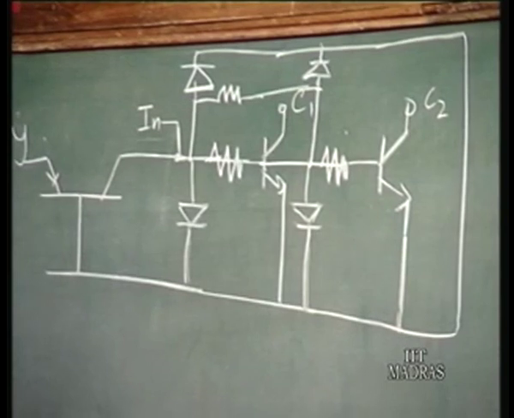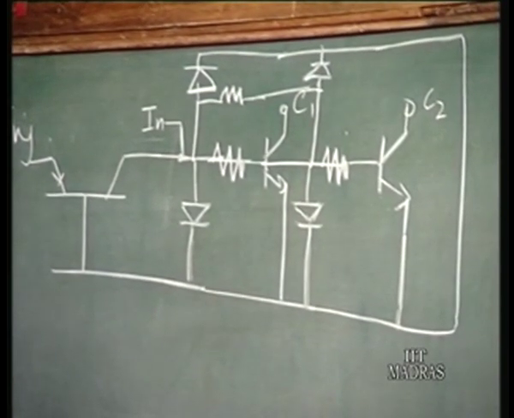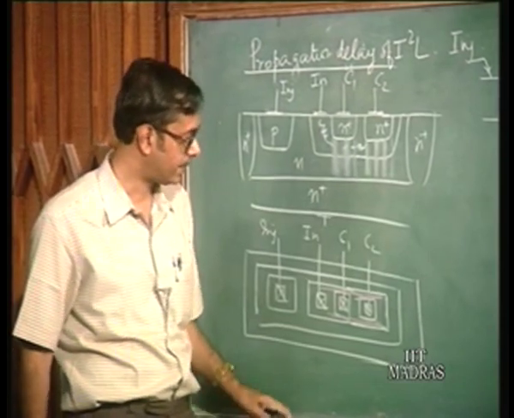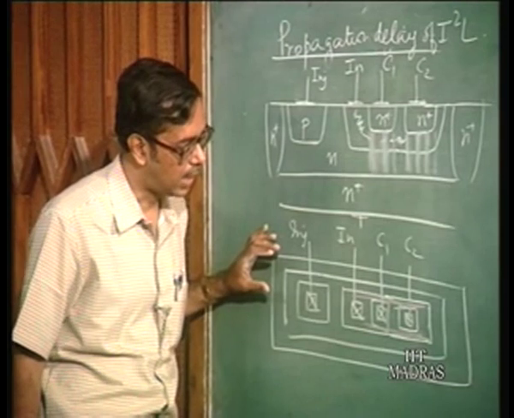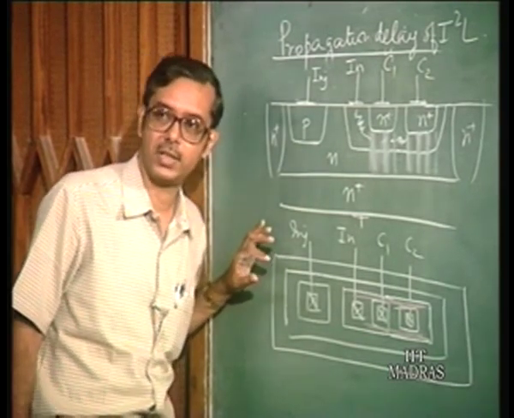So what do you do? We have to look at how to eliminate these parasitic elements. The first thing which one can do came about with the proper isolation techniques, that is, you use oxide isolation.